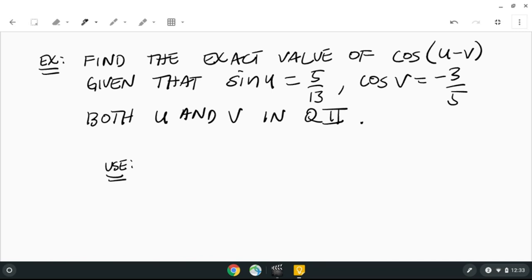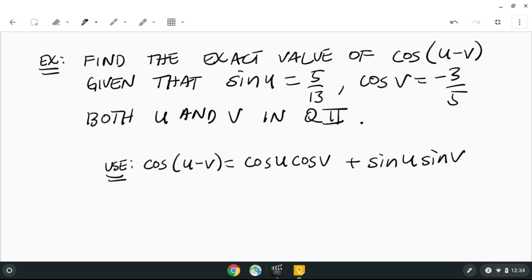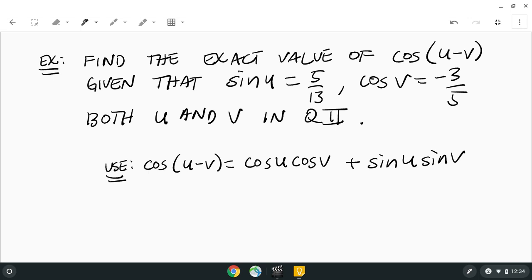If we look back to our formula, cosine of u minus v is cosine u cosine v plus sine u sine v. We don't know what u is, we don't know what v is, so we can't do this problem the way we did the previous examples, right? We have nothing to subtract.